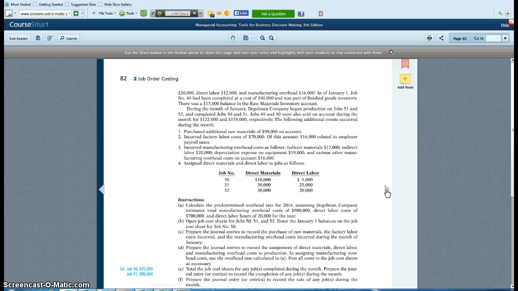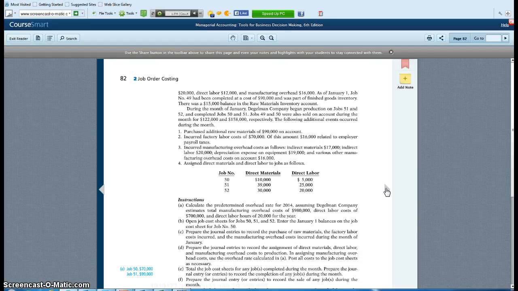So it gives us even more information: it purchased additional raw materials of $90,000 on account. It incurred factory labor cost of $70,000. Of this amount, $16,000 related to employer payroll taxes. It incurred manufacturing overhead costs as follows: indirect materials, $17,000, indirect labor $20,000, depreciation $19,000, and other manufacturing overhead costs of $16,000.